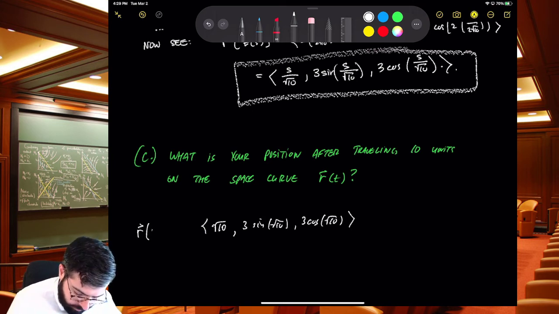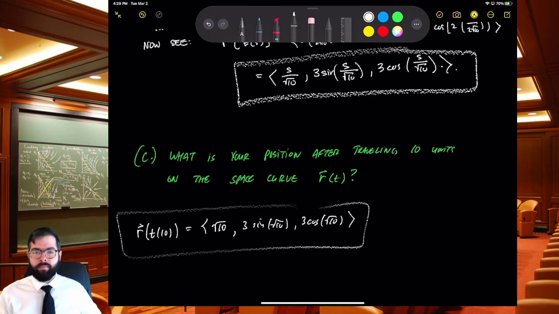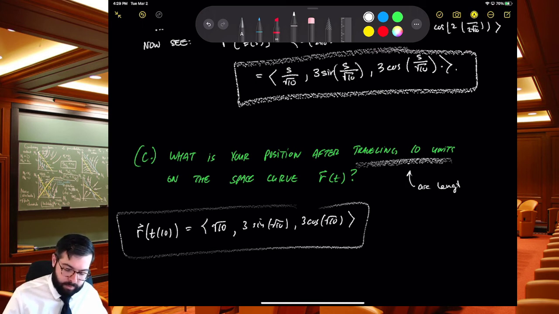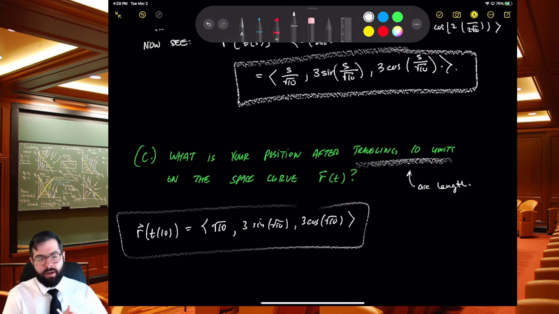This is really r of t of 10. Substitute in your arc length, which is traveled 10 units along the curve. And now you know your position. And so t never came up. We had to do a lot of work to remove it, but it's based on the arc length.